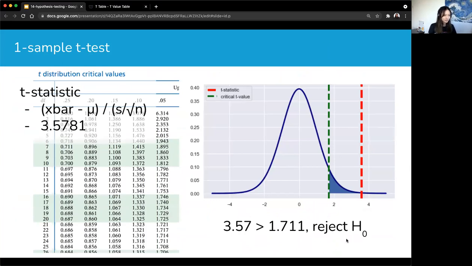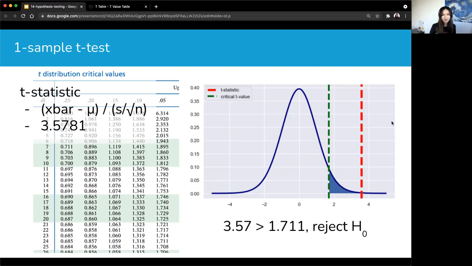1.711 is here, and what this means is that this shaded area over here is 0.05. Our t-statistic, which I will show you the formula for in a bit, is actually calculated automatically for you using SciPy. This t-statistic is 3.57, and on this standard t curve it's all the way over here, greater than 1.711.